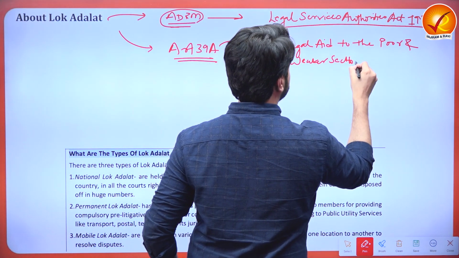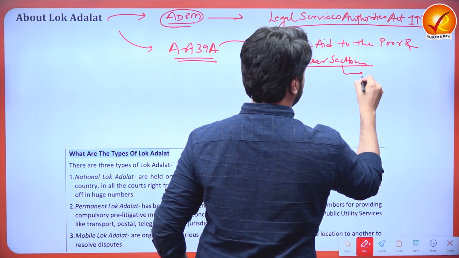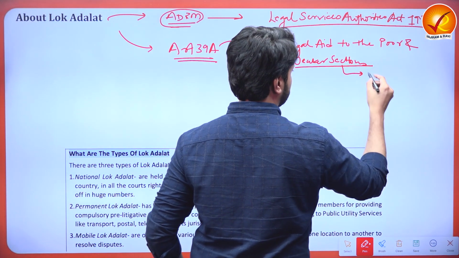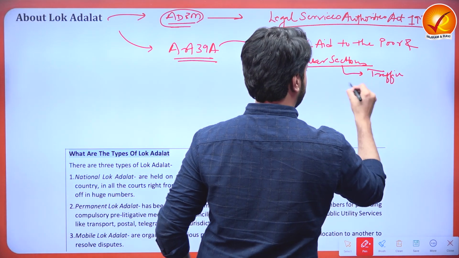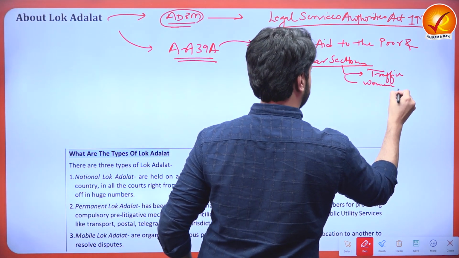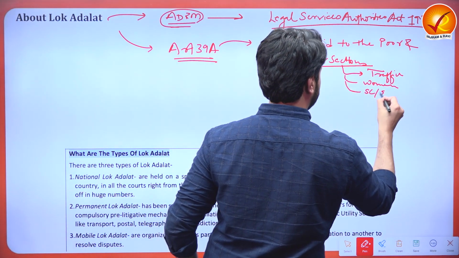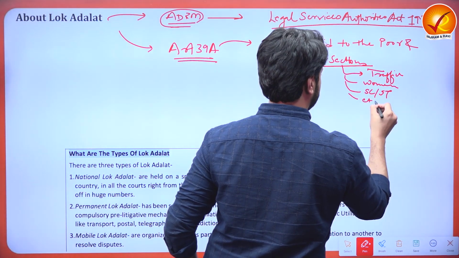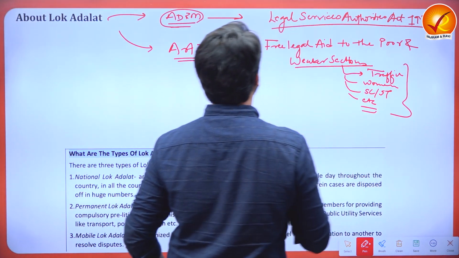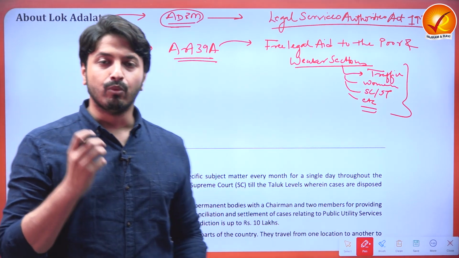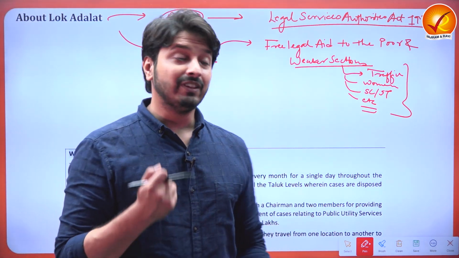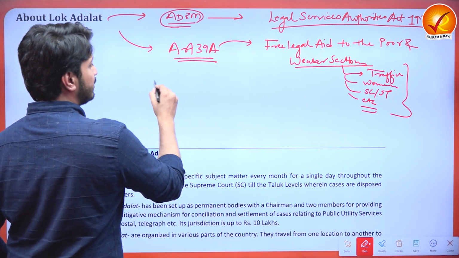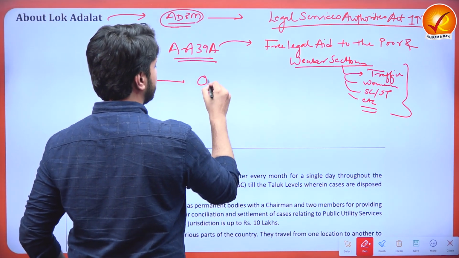Who are these weaker sections? To name some, say victims of trafficking, women, SC, ST, etc. So ultimately, the entire agenda and motto of Lok Adalat is to provide very speedy justice, which is based on the principle of opportunity.